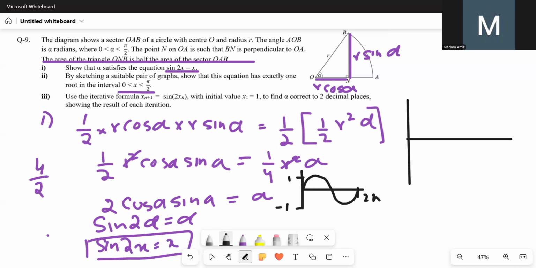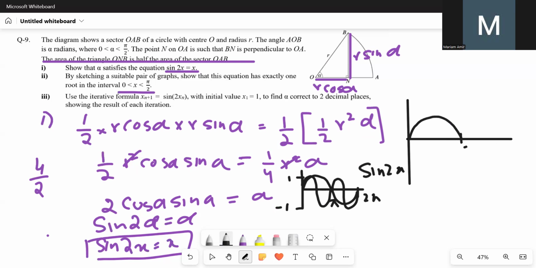And for sine 2x, we have 2 cycles completing within the 0 to 2 pi period. So that means this would be pi. For sine 2x, a full cycle completes at pi, but our domain is only till pi by 2, so we're just going to draw this much of it.